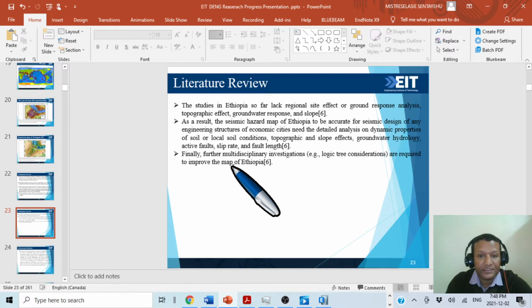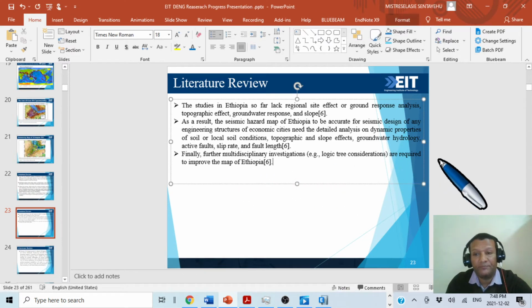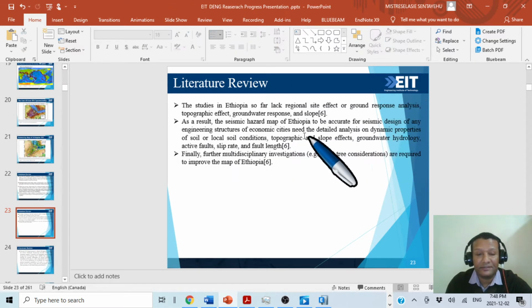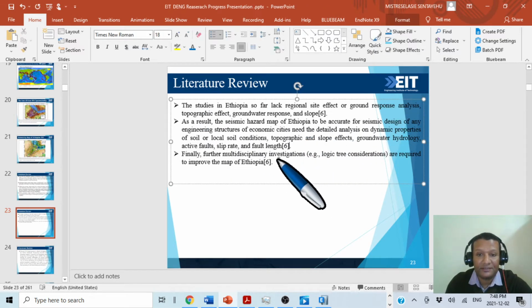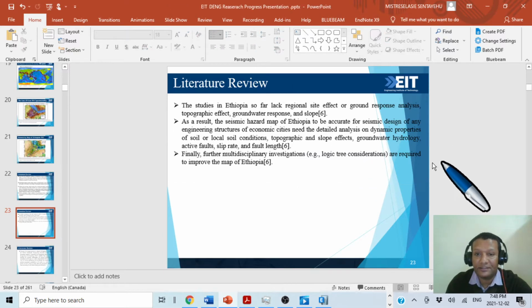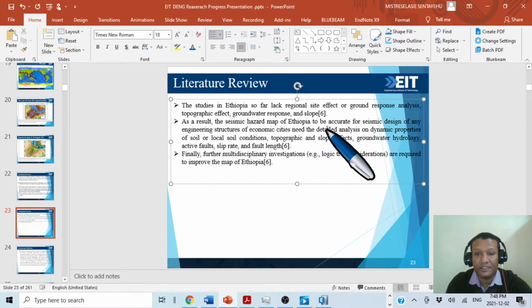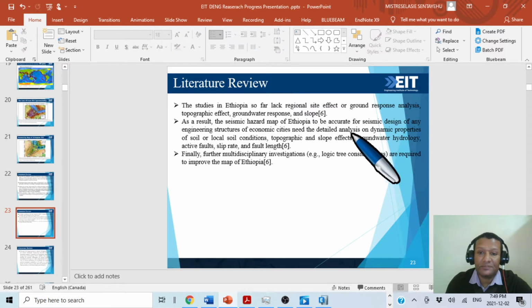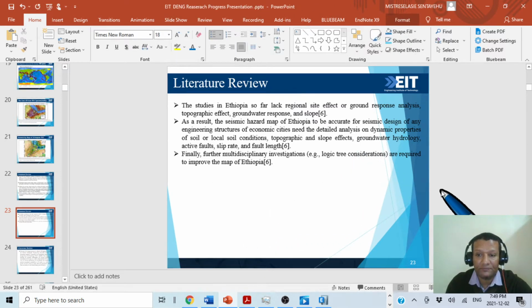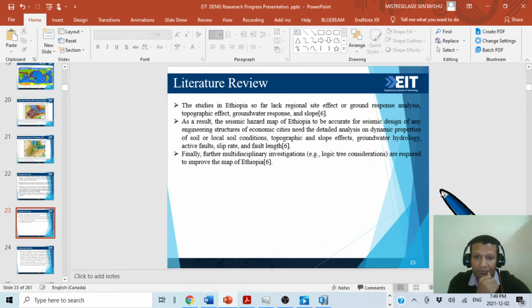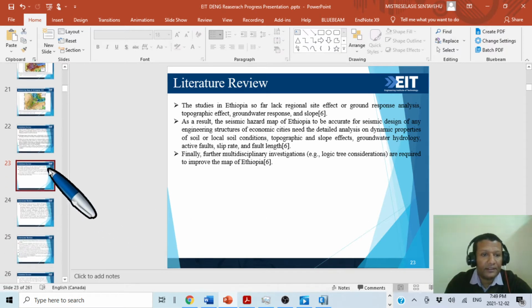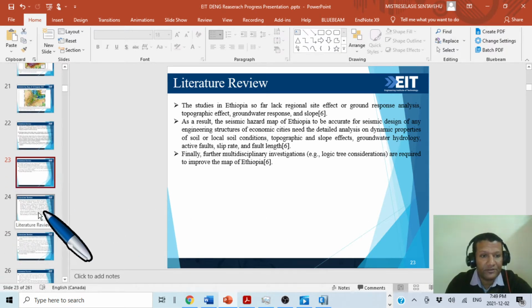Finally, further multidisciplinary investigations, geologic considerations are required to improve the map of Ethiopia. So still the map is, this researcher, he identified that the map has a problem. It's obvious. So if the seismic map and the zonation has its problem, then the adopting code will have a problem.